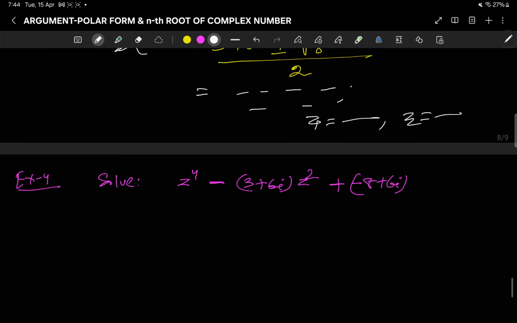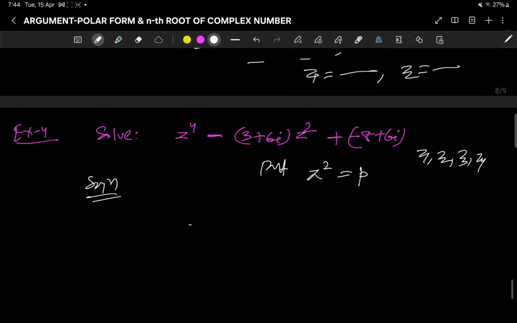And coming to one more example, here it is fourth power. So you put z square is equal to some p. We need 4 roots here, z1, z2, z3, z4. So how to solve it? So it is now p square minus 3 plus 6i p minus 8 minus 6i plus this.